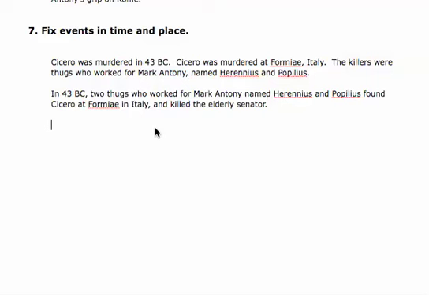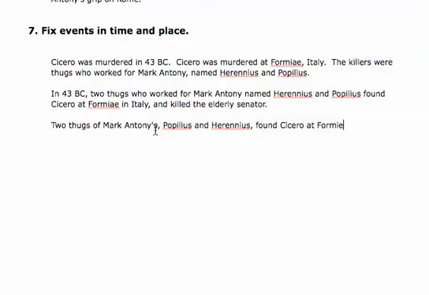We could say, two thugs of Mark Antony's, Popilius and Herennius, found Cicero at Formiae in 43 BC and murdered the senator.